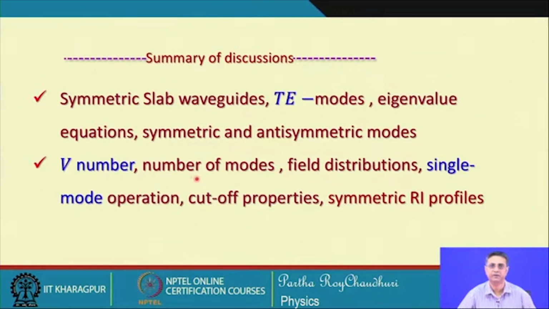We have tried to depict the mode pictures, also mode profiles, discussed the V number, then from the V number how we can estimate the number of modes that will be supported, field distribution of the modes, then a very particular thing about optical waveguides, the single mode operation for the slab waveguide, that also we have discussed. Then we discussed the cutoff properties, symmetric refractive index profile and the consequence of that in terms of symmetric and antisymmetric field profiles.